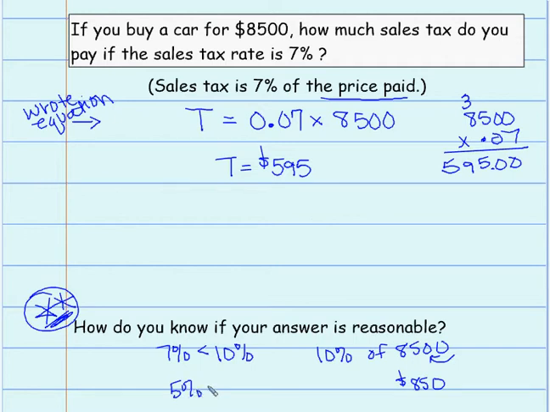5% is half of the 10%. So half of this would be 425, and 7% is greater than 5%. So is my total greater than 425? Yeah. So do I know that it's exactly right?